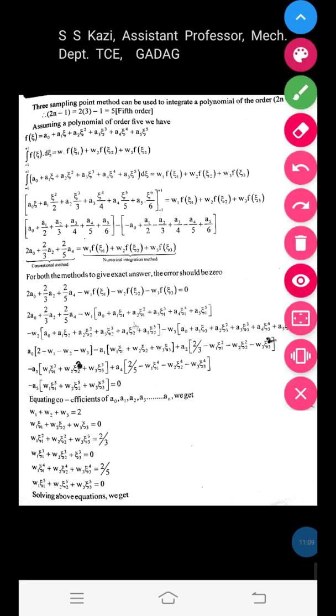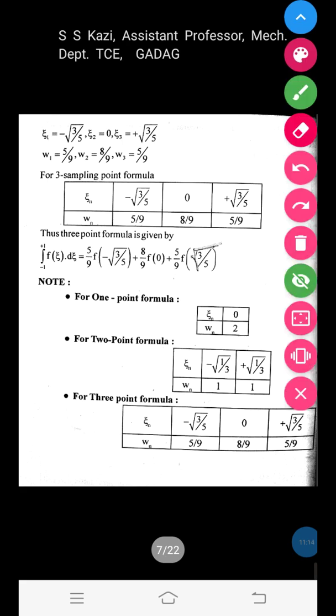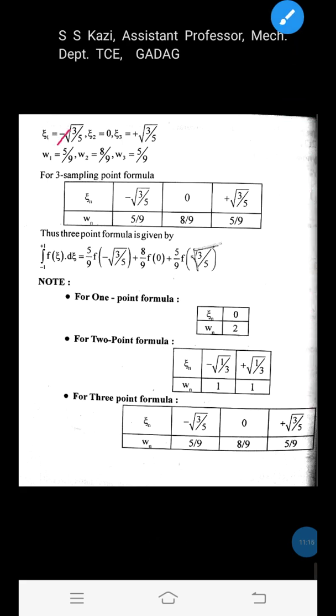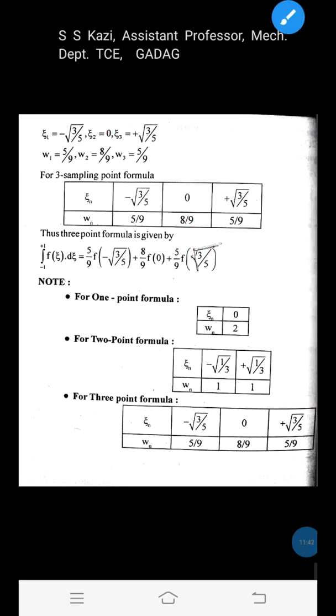By satisfying that particular condition, we will get W1 is equal to 5 by 9, W2 is equal to 8 by 9, W3 is equal to 5 by 9, and zeta 1 is equal to minus square root of 3 by 5. My dear students, you should write like this: square root of 3 divided by 5. That means 3 divided by 5 whole ratio is under square root. Okay, zeta 2 is equal to 0 and zeta 3 is equal to plus square root of 3 by 5.